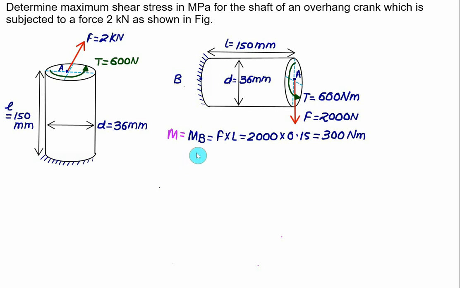So we can calculate the equivalent torque here. The equivalent torque is equal to the square root of T squared plus M squared, that is, the square root of 600 squared plus 300 squared. Once we calculate the equivalent torque, the equivalent torque is equal to pi by 16 d cube times tau max.